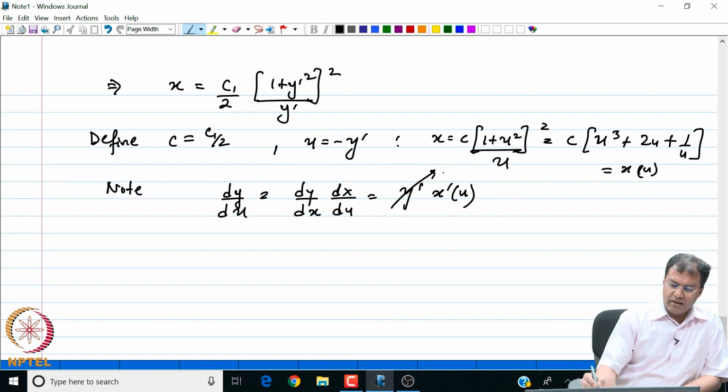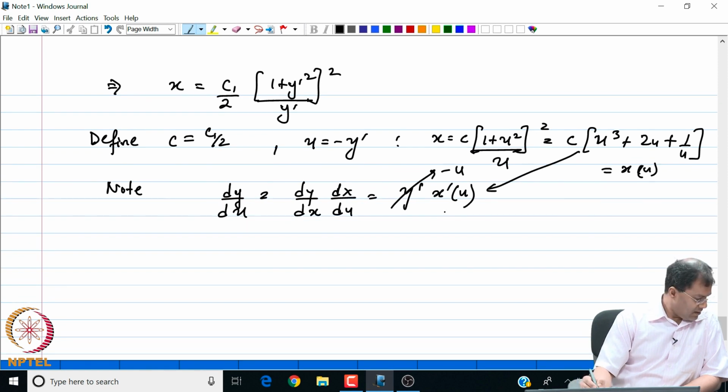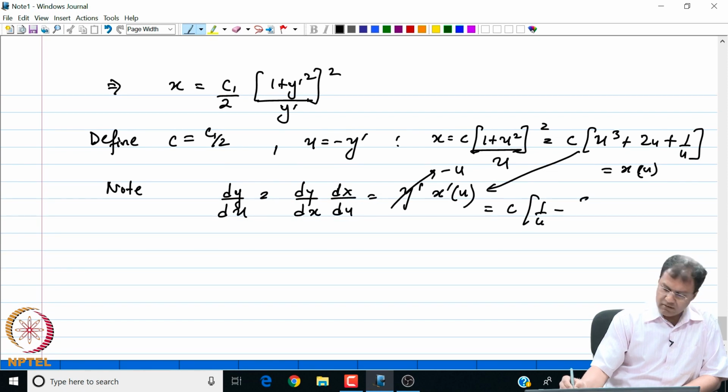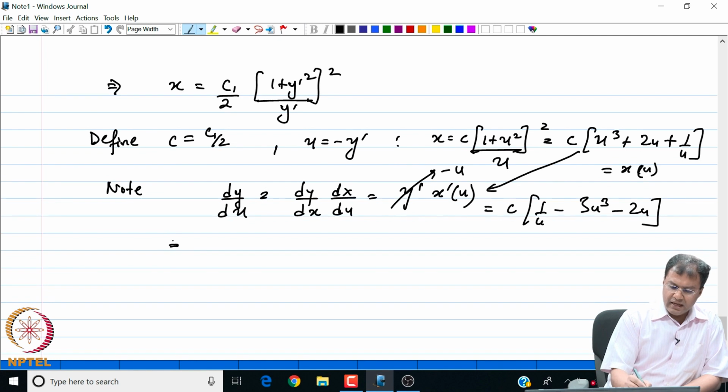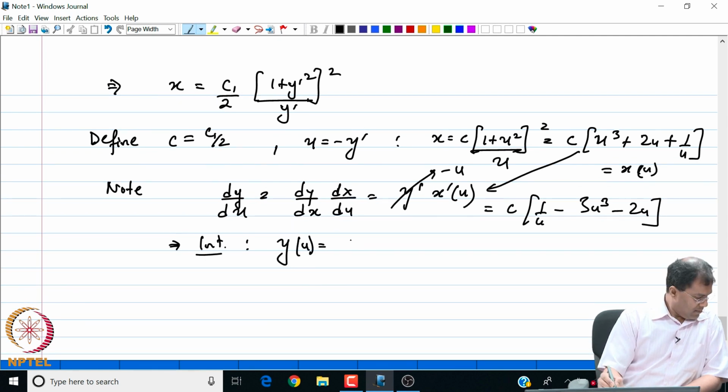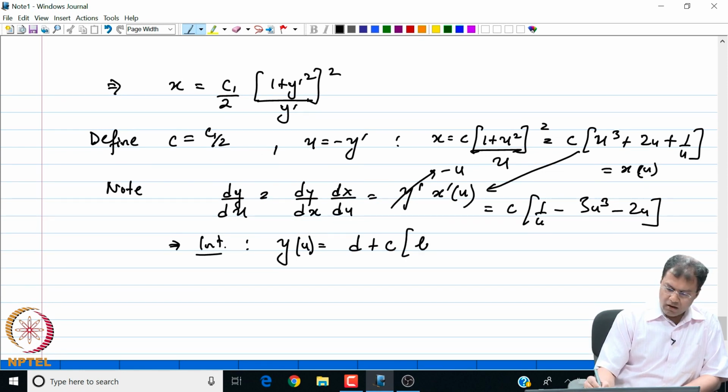But y prime is negative u, and x prime of u can be found from this relation. It is equal to C times 1 by u minus 3u cube minus 2u, and then I can integrate to get y as a function of u, which is d plus C times log u minus 3 by 4 u to the fourth minus u square.